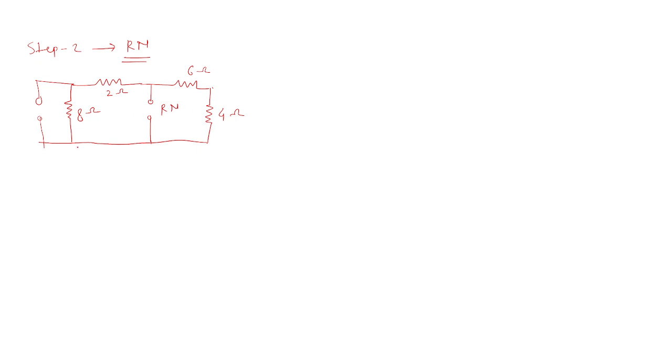These two are also connected in series. So it is clear that 8 ohm and 2 ohm and 6 ohm and 4 ohm are connected in series. So it will be 8 plus 2 is equal to 10 ohm. 6 plus 4 is equal to 10 ohm.